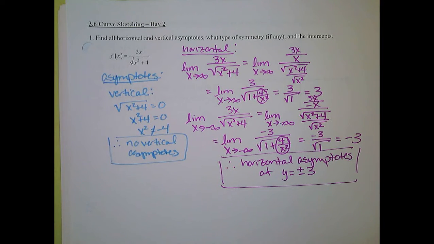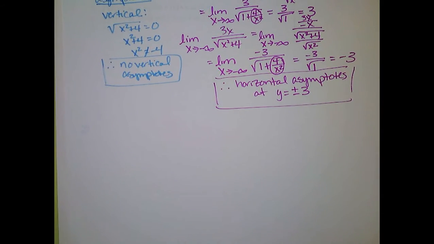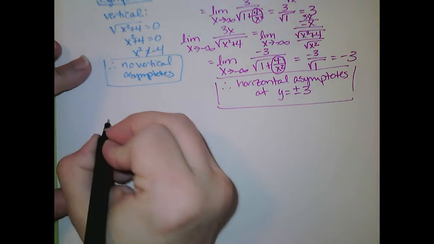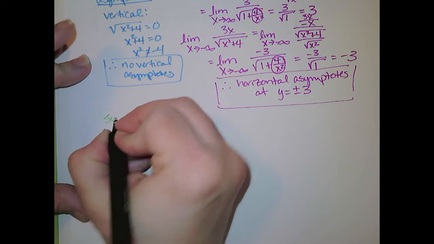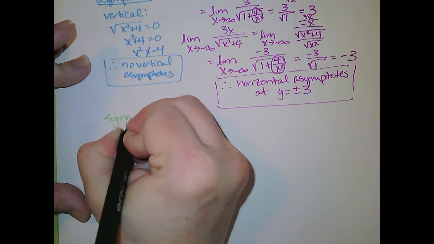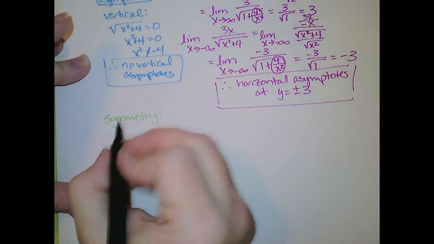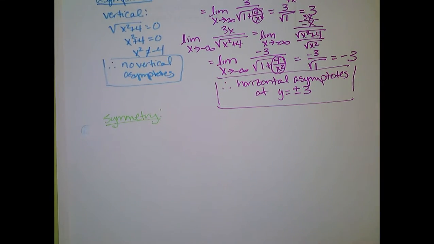Next, we want to know what kind of symmetry the graph has. So for symmetry, I'm going to go back to plugging in -x into the function. We already know that we're dealing with a function, so we know it doesn't have x-axis symmetry because that would make it not a function.